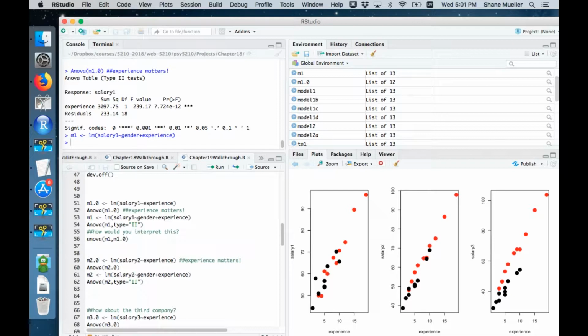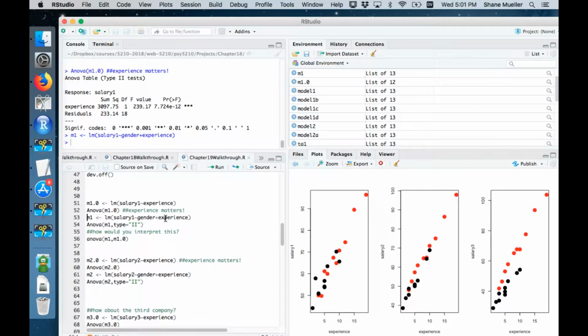Now you have to think about, well, what type of ANOVA do I want to do? Because there's no interaction, a type 2 or type 3 are not going to make a difference. But, again, we probably want to know the effect of gender after experience is taken into account. That would be the standard type 3 or type 2 ANOVA. So we look at gender in the context of gender and experience.